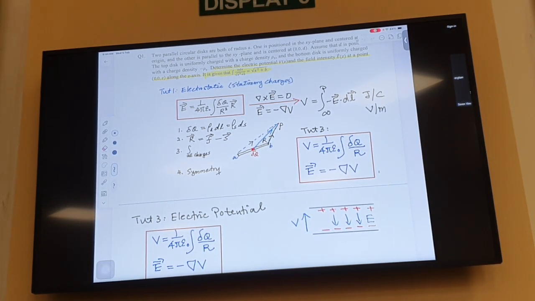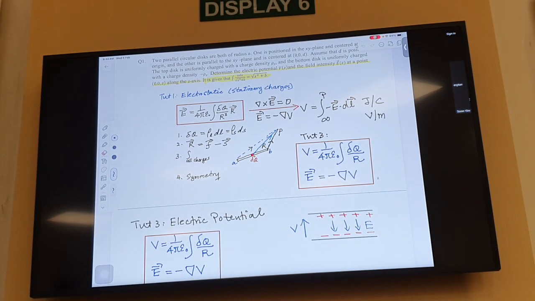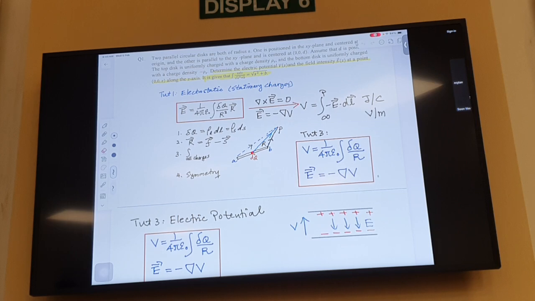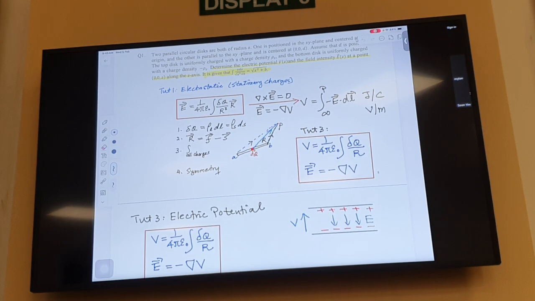You bring it to the field point P, and there will be a force experienced by the charge, dotted with dl. What is that? What is F dot dl? It is work done. How much energy is required to bring 1 coulomb of charge from far away to that point? What is the minus sign here?